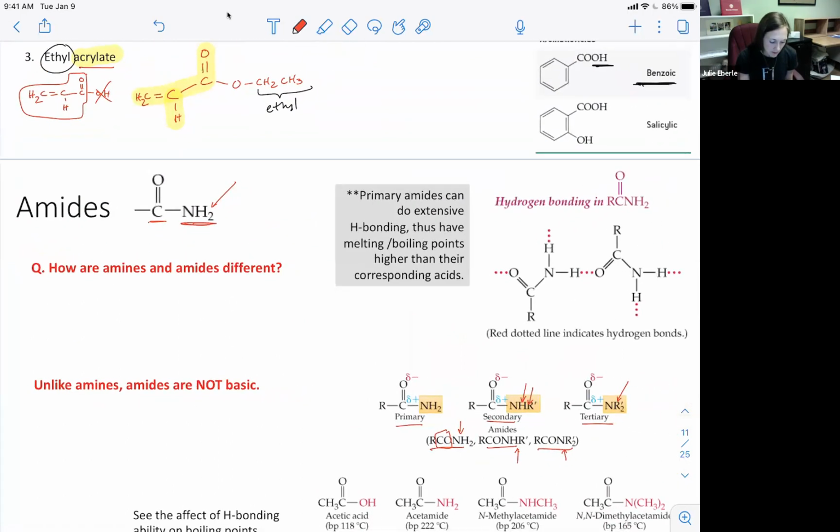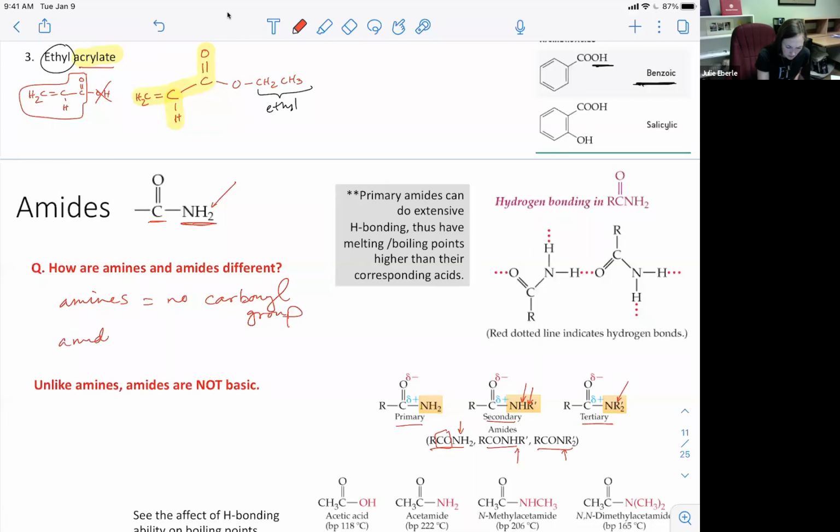All right, but before we get into the rest of the slide, you guys tell me in your words, how are amines and amides different? In the simplest way, how could you explain that? Amines have the double bond to the O. Amides are bonded to a carbonyl carbon, and that carbonyl carbon is double bonded to the oxygen. Okay, so amines have no carbonyl group.